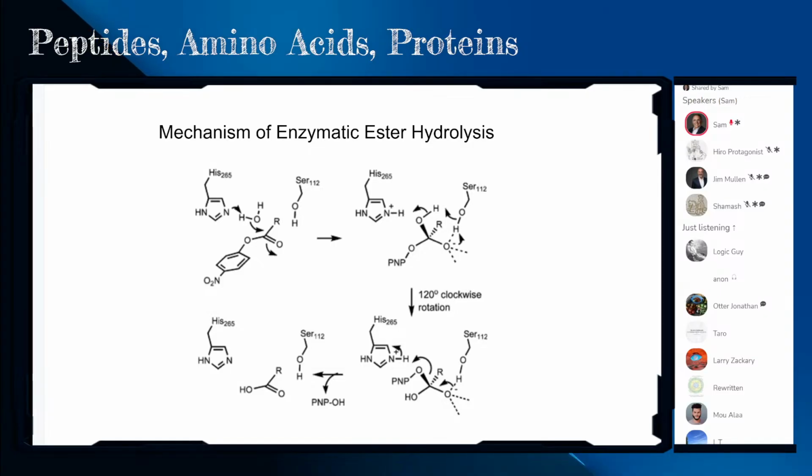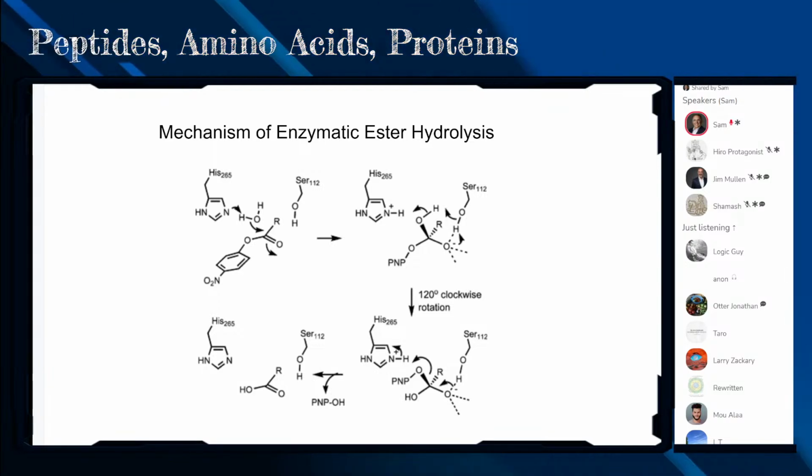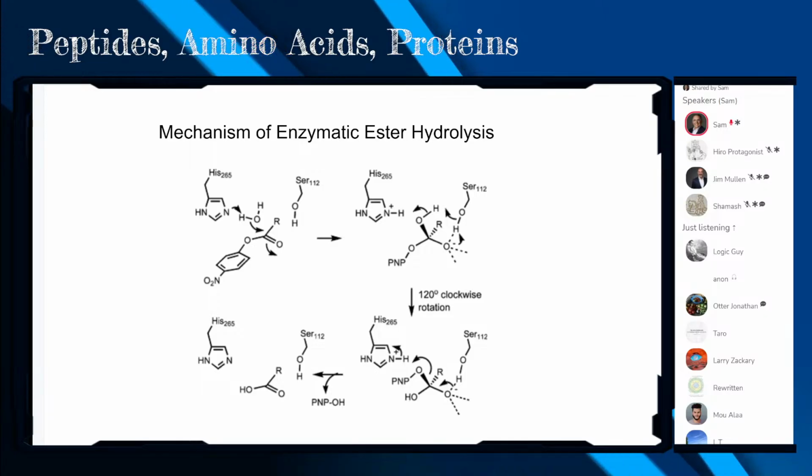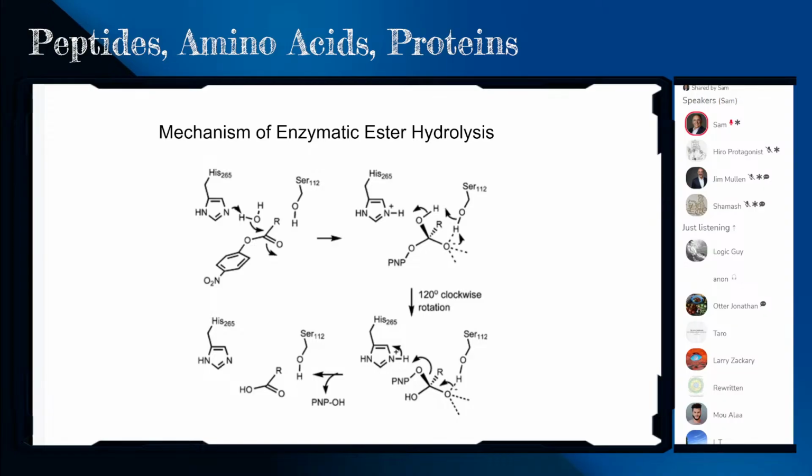This makes the electronics a lot more favorable, and the orientation of the molecules is such that they're right there. They are exactly in the place they need to be for the best orientation of this reaction.